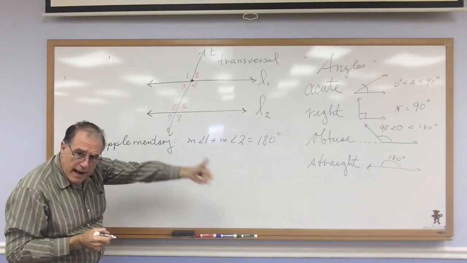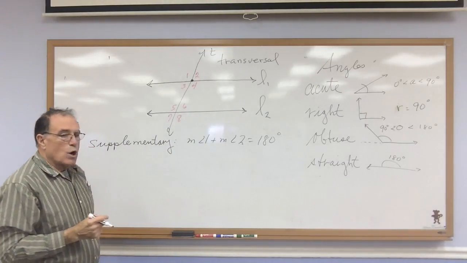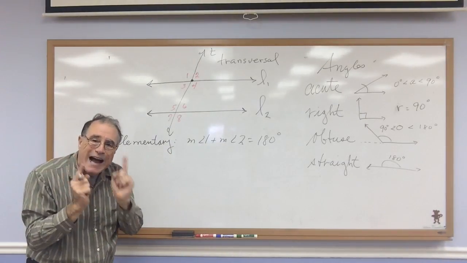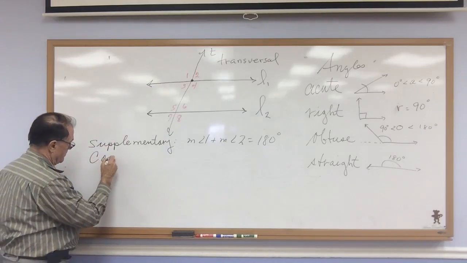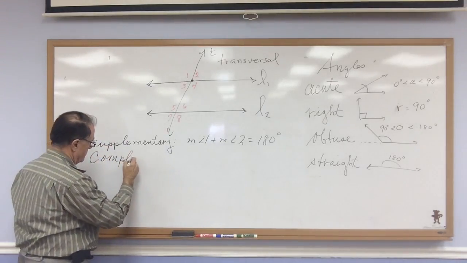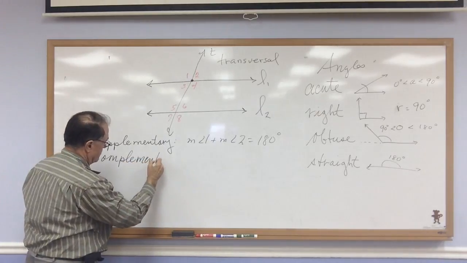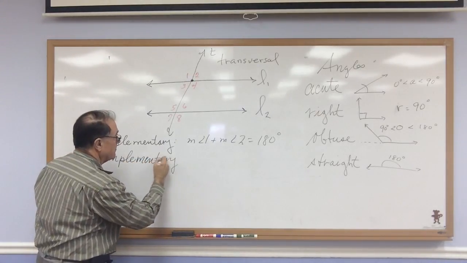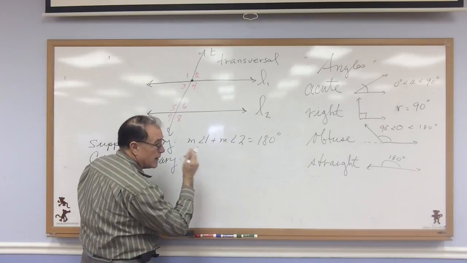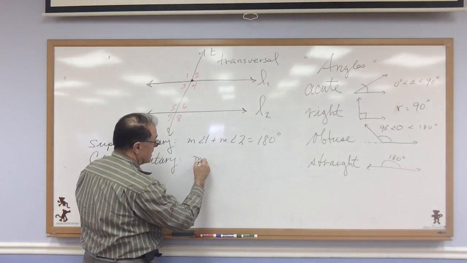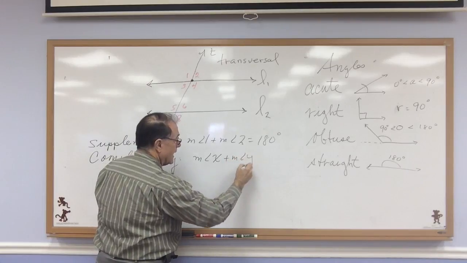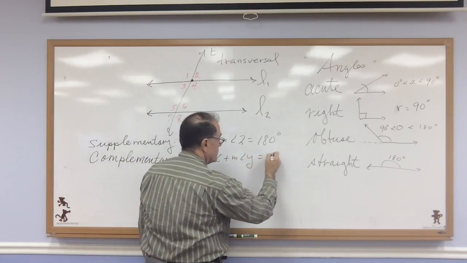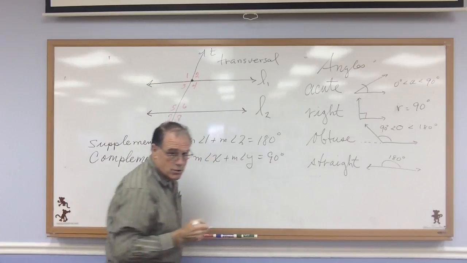Another pair of angles, were they to add to 90 degrees, would be complementary. Complementary would be if we had two angles, say an angle X and an angle Y, and their measurements added to 90 degrees.